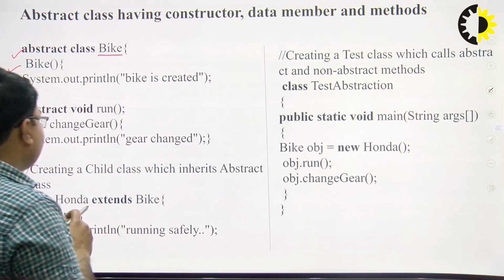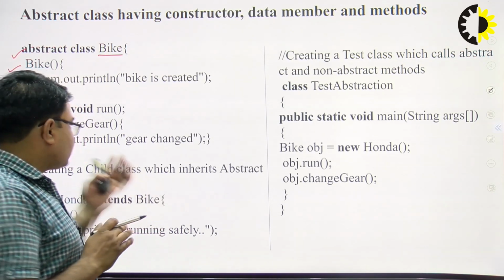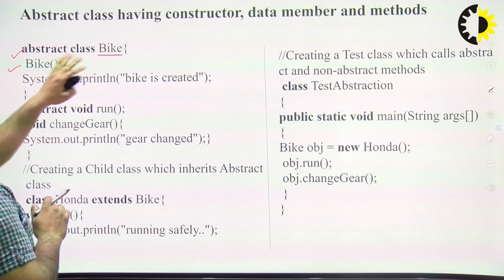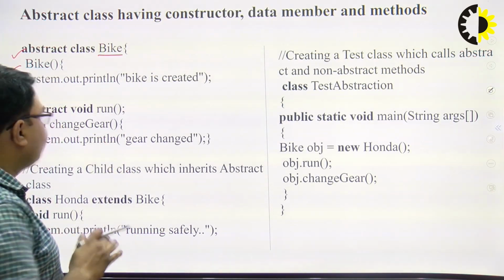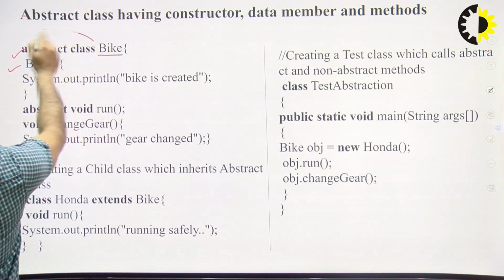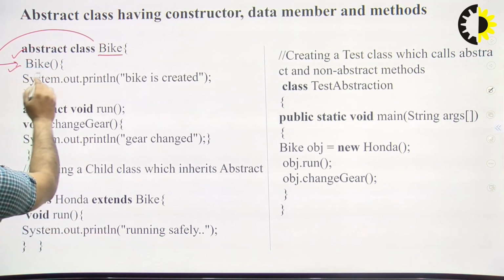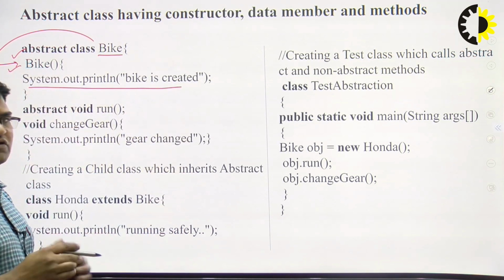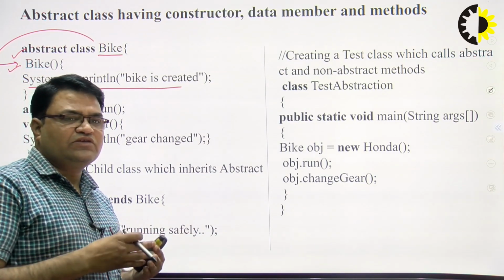There is no return type, not even void. This is the constructor because it shares the same name as the class. A constructor has a body just like a method, with its own body, and implements any logic.